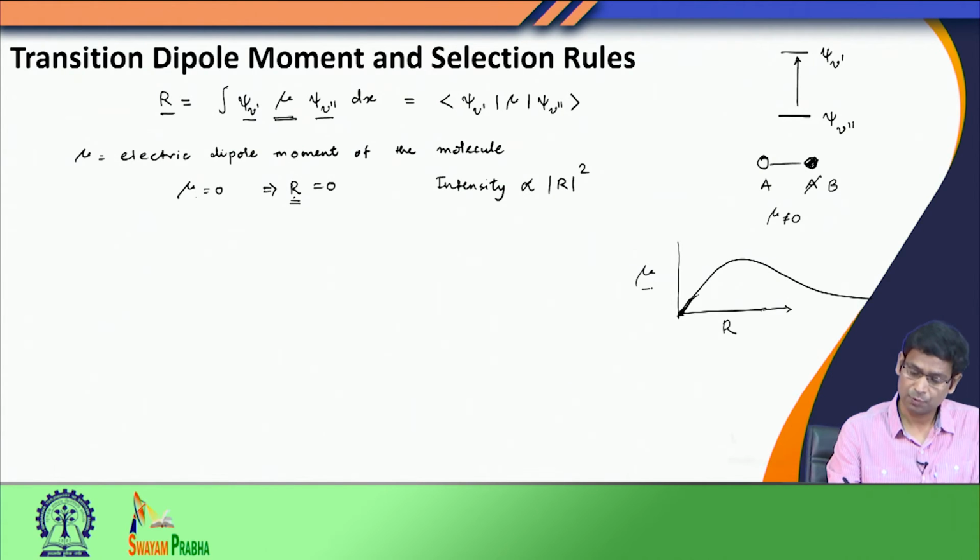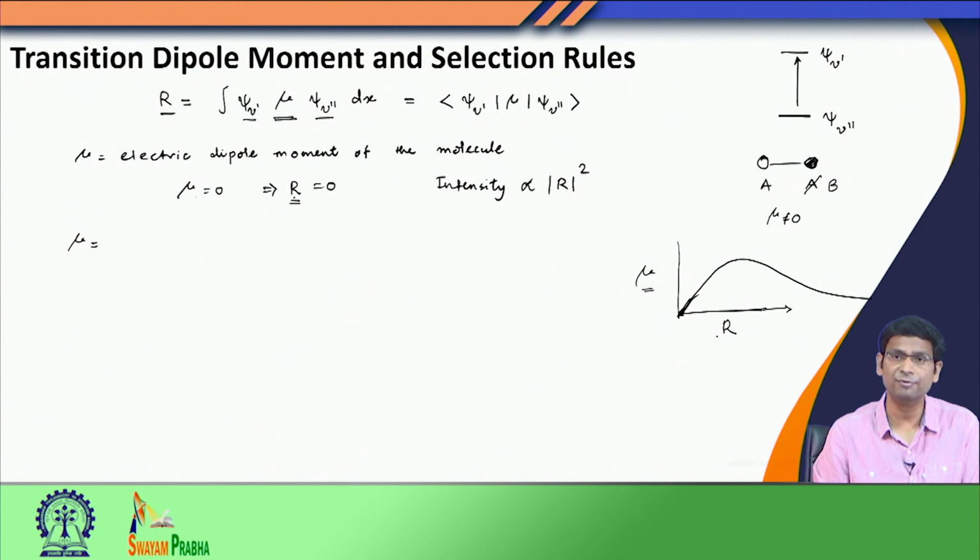Now, since we want to prescribe a method which will be applicable to all types of systems, let us try to find out how we can define mu for different values of r. Why are we interested in different values of r? Because we are talking about vibrational spectroscopy, where the bond distance is going to change. So it is not enough to know the dipole moment at the equilibrium value.